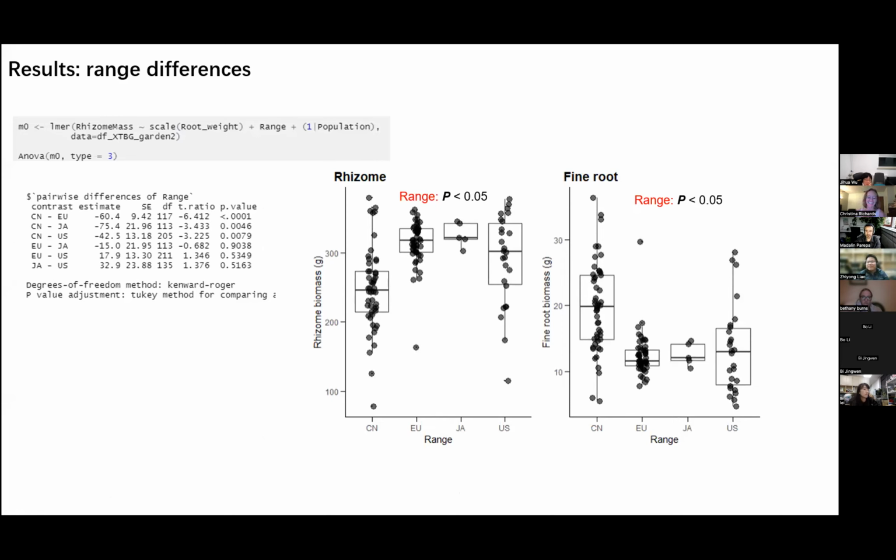Also, for the total biomass, the pattern was quite similar to the rhizome biomass, because the rhizome biomass accounts for a huge proportion of the total biomass. In the XTBG common garden, I think it's consistent with the ICO hypothesis. Okay, interesting.